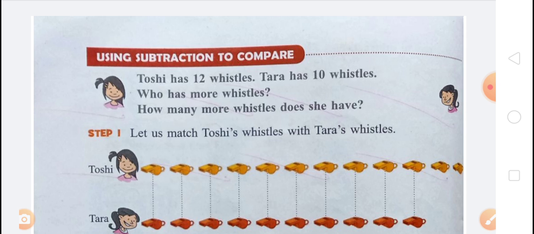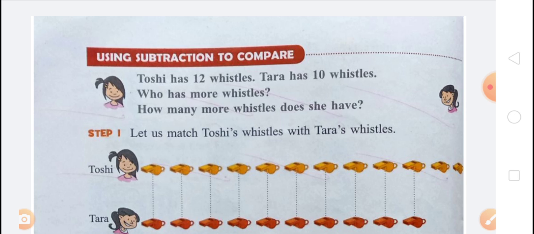And last day, we learned these topics: subtraction facts, subtracting from numbers ending with 0, regrouping 1 ten into 10 ones, and subtraction with regrouping. And also we learned subtracting a two-digit number from a two-digit number.